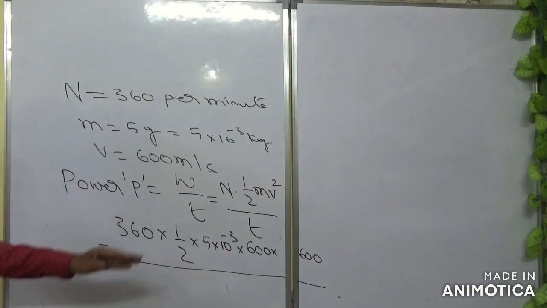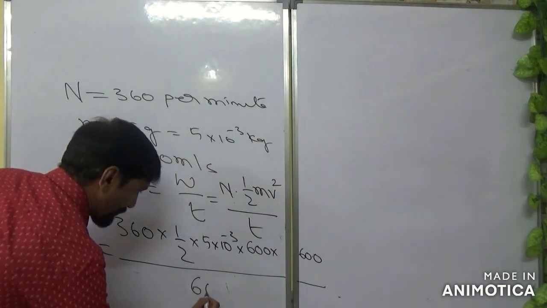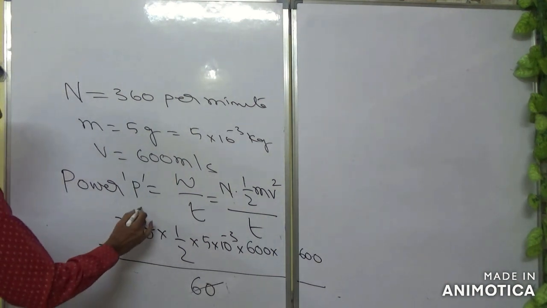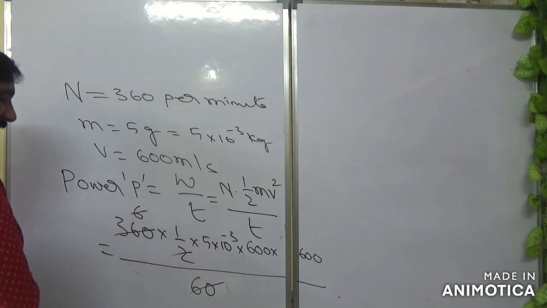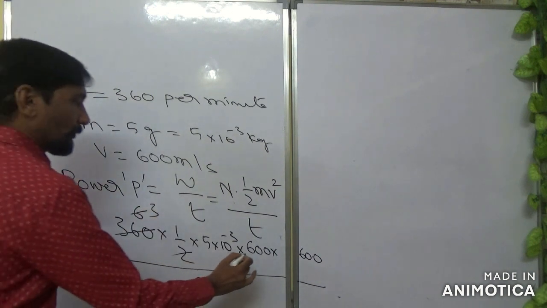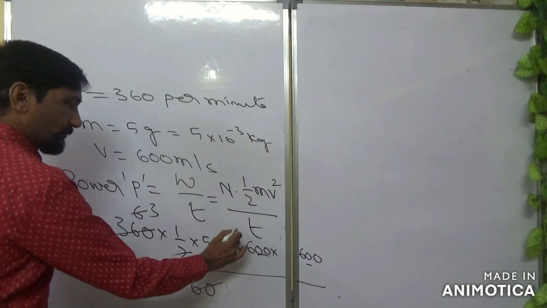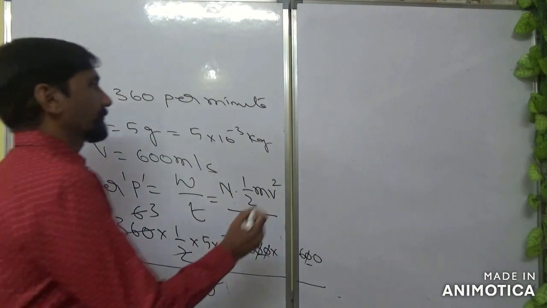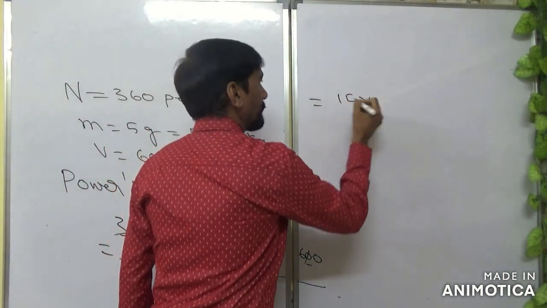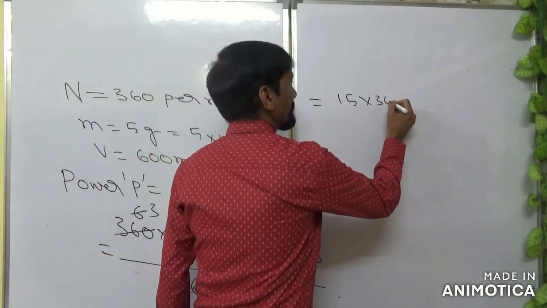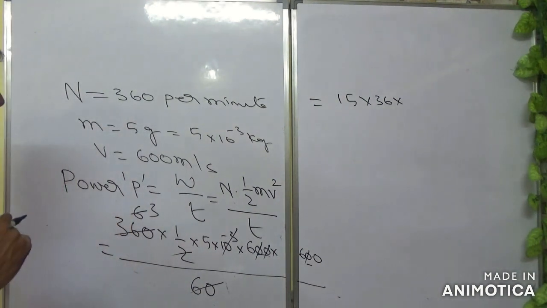Per minute means 60 seconds, so 60 divides 360 6 times. This will be further divided 3 times. So 20 plus 10 cancel. Okay, so 15 into 36. Now only one 0 left.